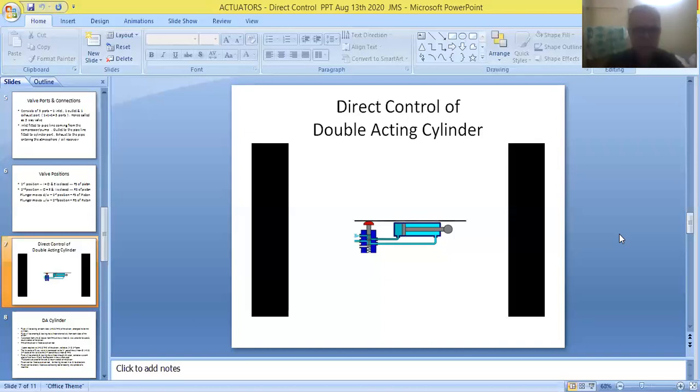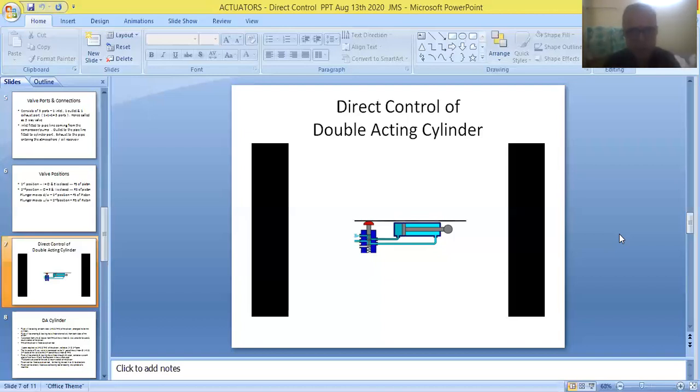And finally, we have talked about these valves, the direction control valves, DC valves. So DC valves are very essential for controlling single acting and double acting cylinders, controlling hydraulic and pneumatic cylinders.